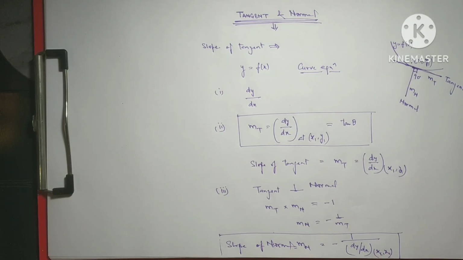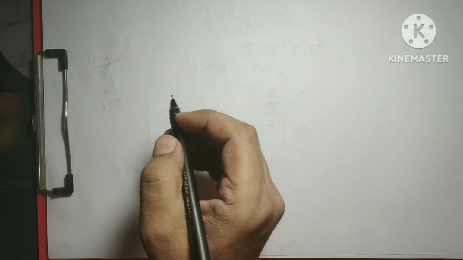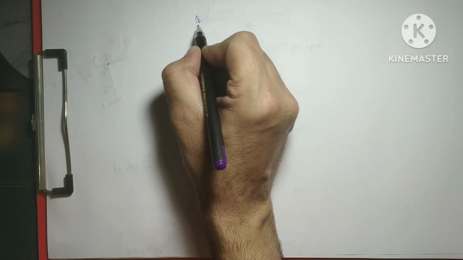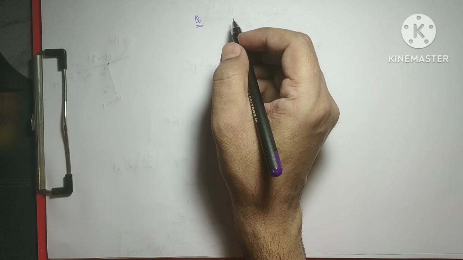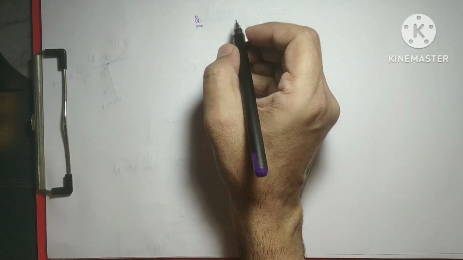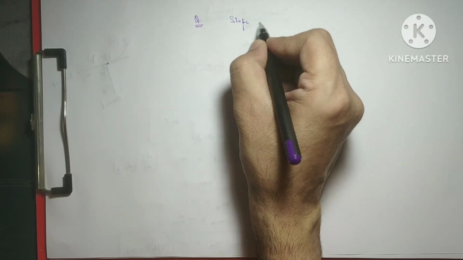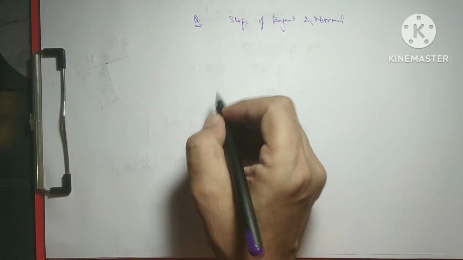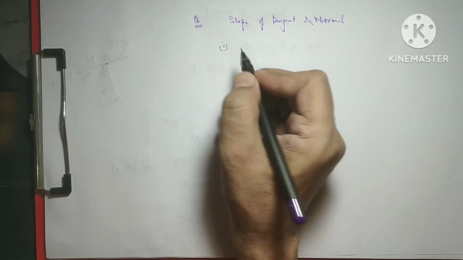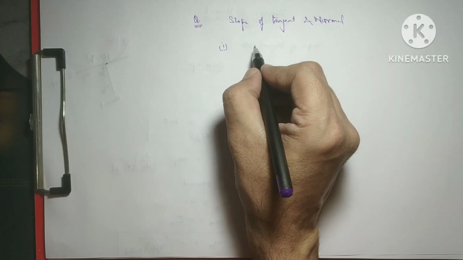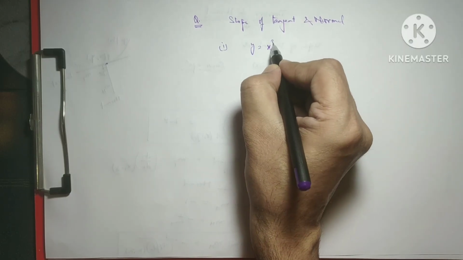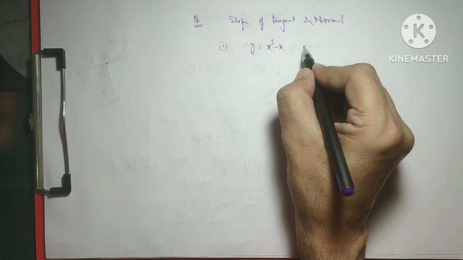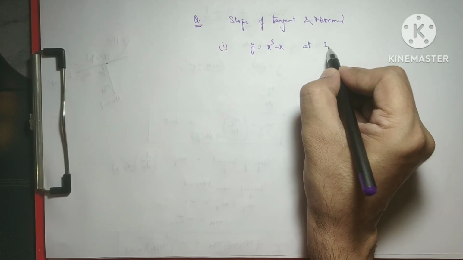Okay, now we are taking the examples. Now question 1, we are taking a polynomial function and we want to collect the slope of tangent and normal. So number 1 is, we have y equals to x cube minus x, and the given point is (2, 1).